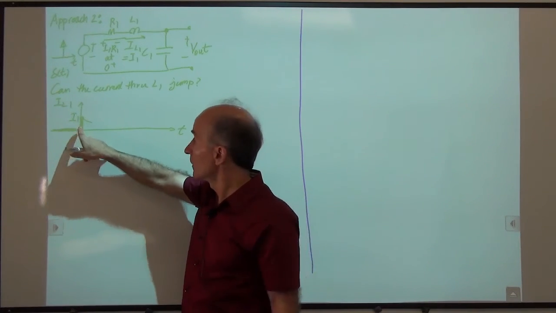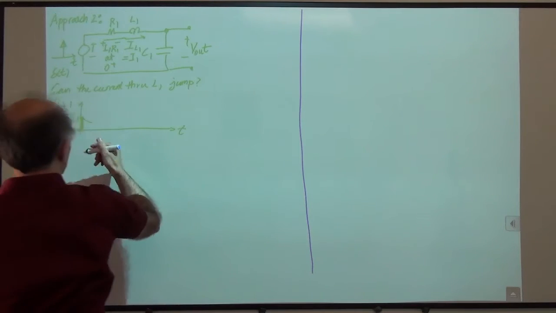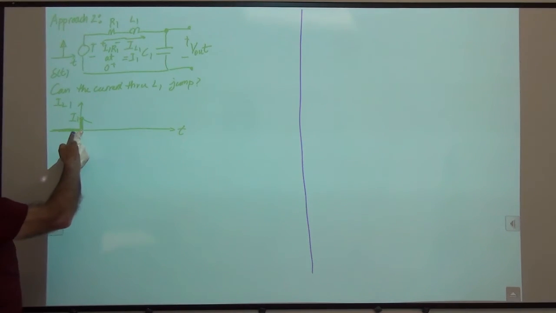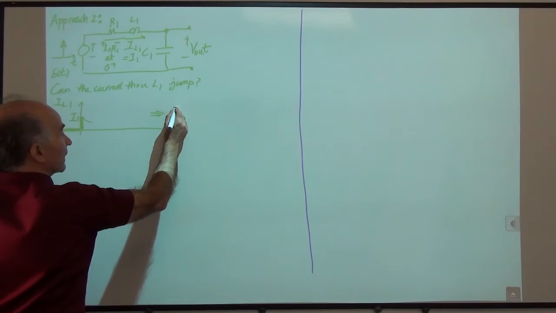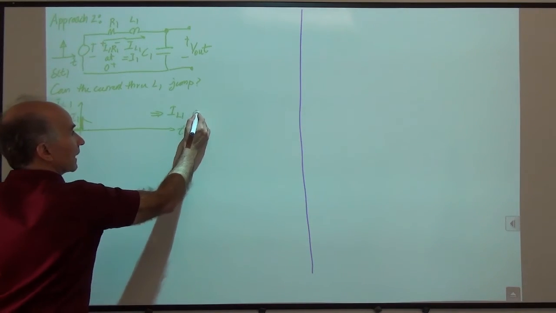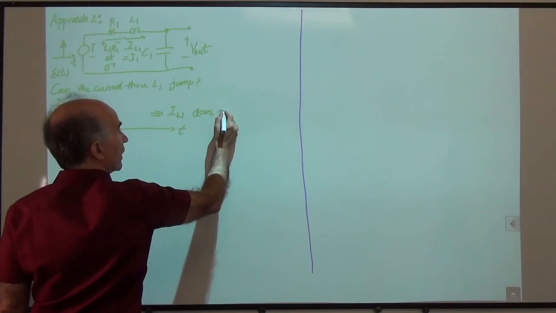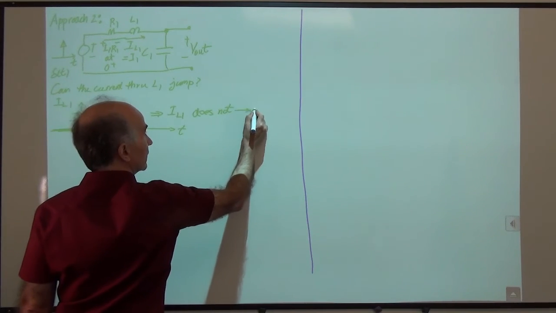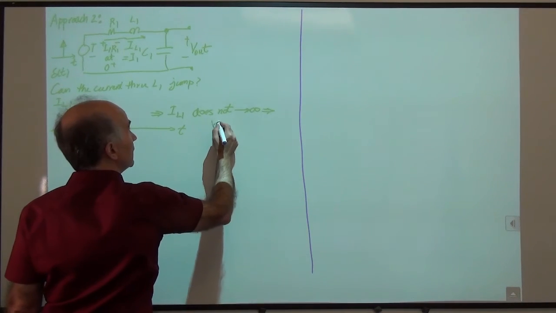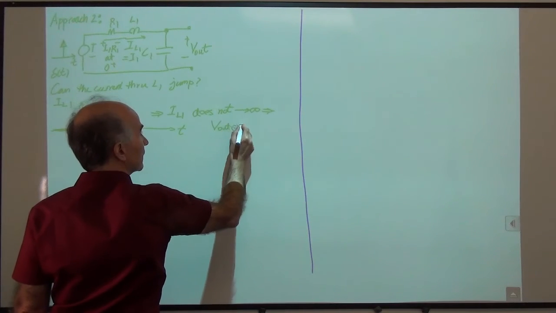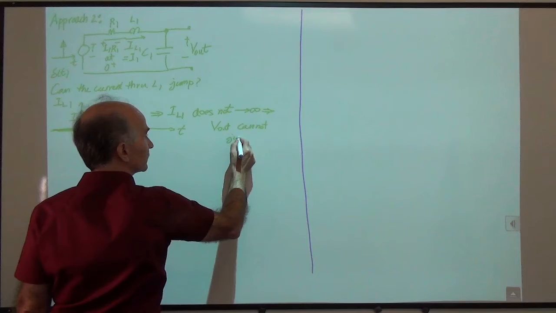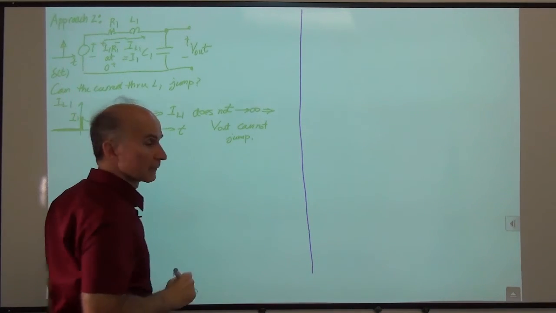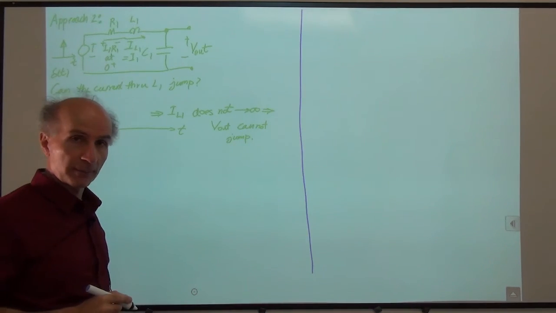Because the current of the inductor only jumps but does not go to infinity, IL1 does not go to infinity, so V out cannot jump.